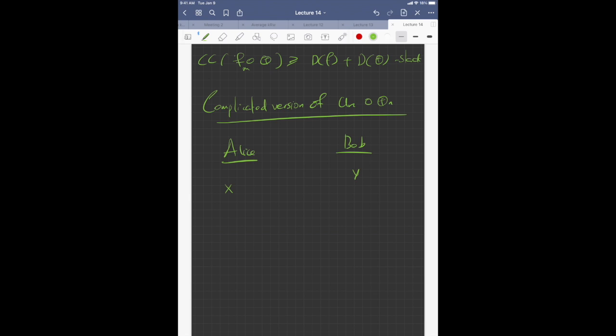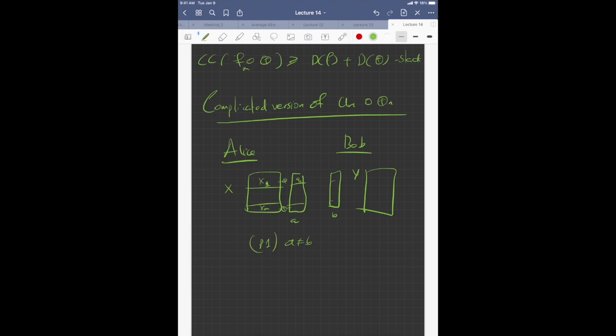They compute the parity of x1 to xm and compute this vector A. So A1 is the parity of the first row, and Am is the parity of the mth row, and similarly given Y, Bob would compute B. In the promise version, they're given the promise that A is not equal to B, and that's it, right? In a non-promise version, if A and B are the same, they can reject.